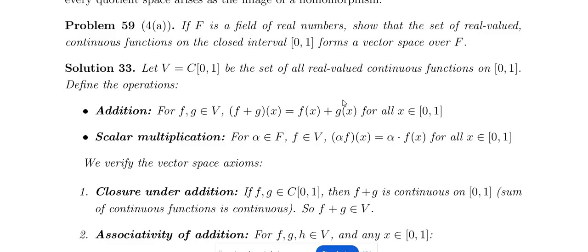Problems. F is the field of real numbers, then the set of all real valued continuous functions on the closed interval 0, 1 forms a vector space over F. We already saw this as an example: the continuous functions from a, b to the set of real numbers is an example for the vector space.